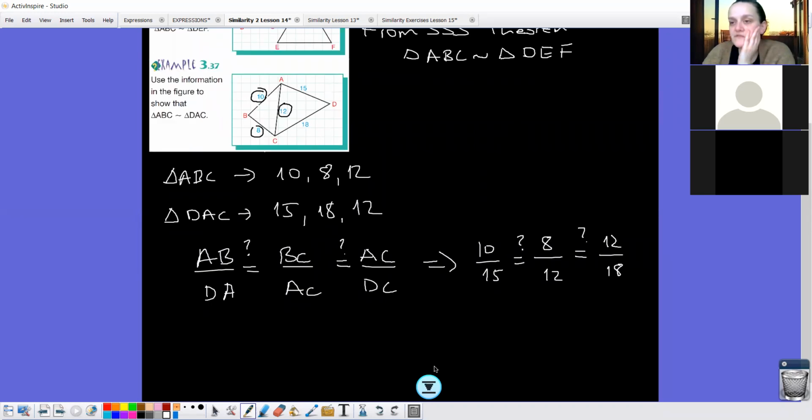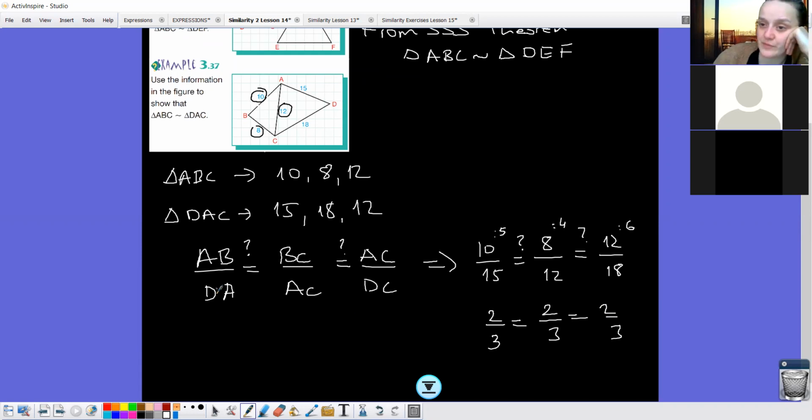Now, can we do any simplification here? In the first one by 5, in the second one with the 4, and in the last one with 6. So what we'll get? 2 over 3, 2 over 3, and 2 over 3. Directly we found.